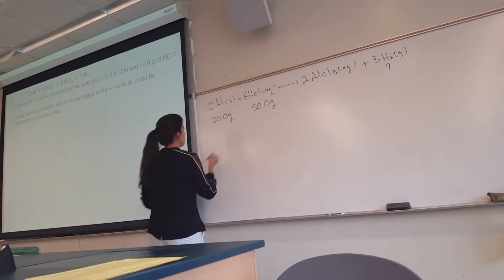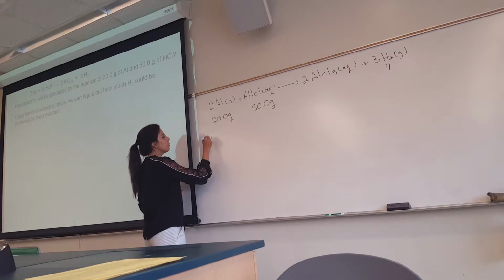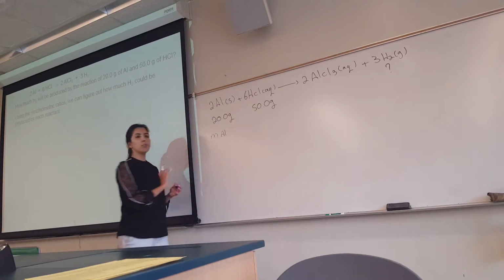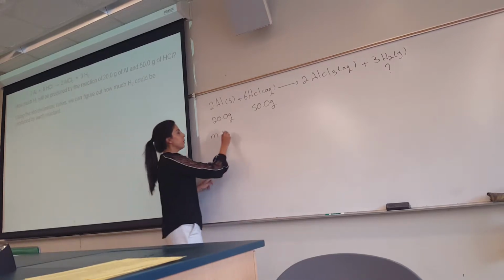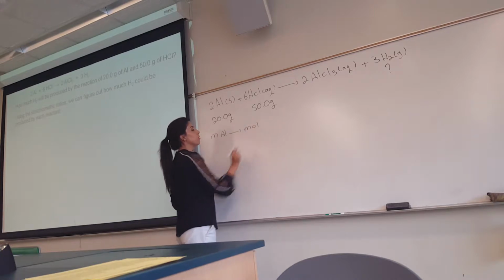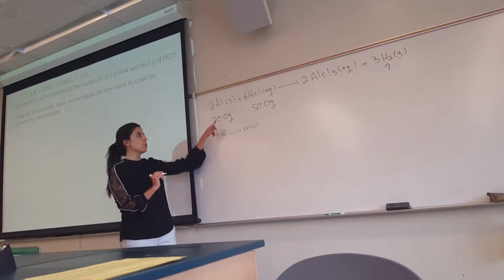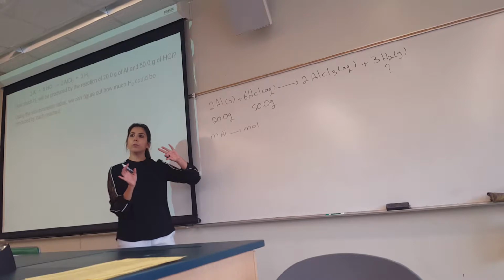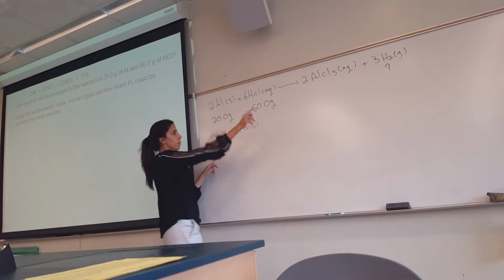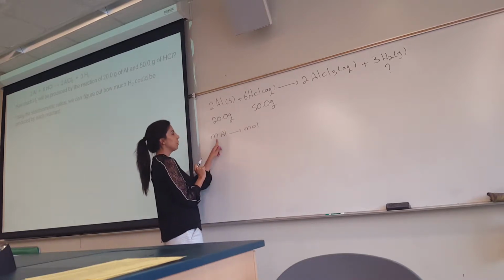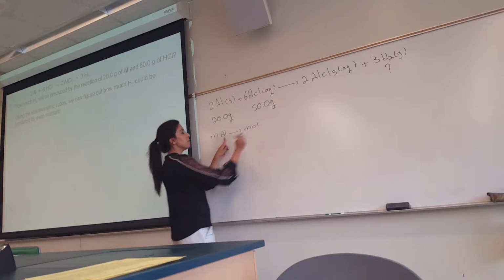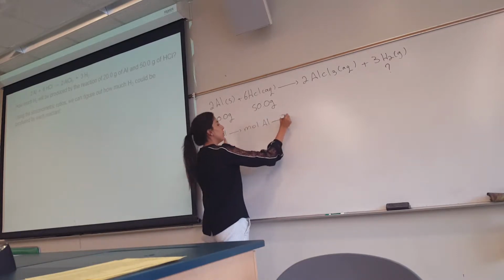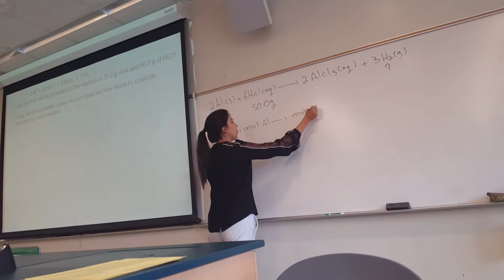I would assume that 20 grams of aluminum is consumed completely, and I want to know how much hydrogen gas would be produced. So I convert from mass of aluminum to moles of aluminum, then I find the moles of hydrogen.